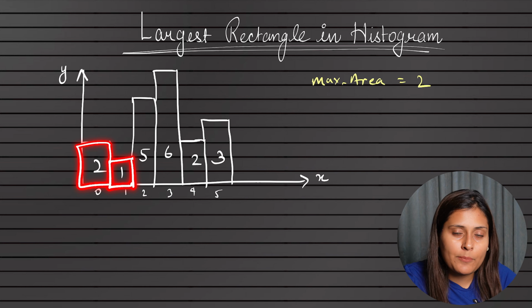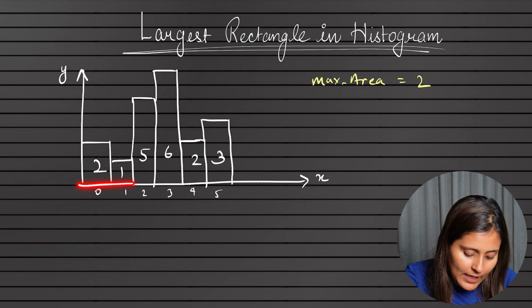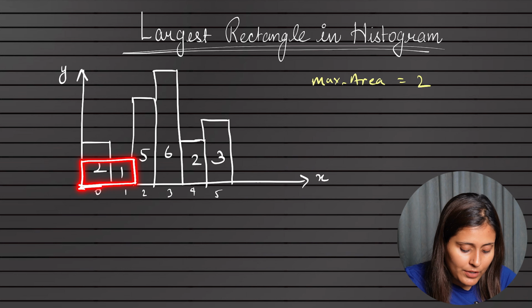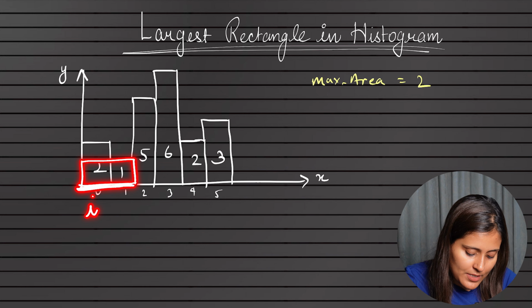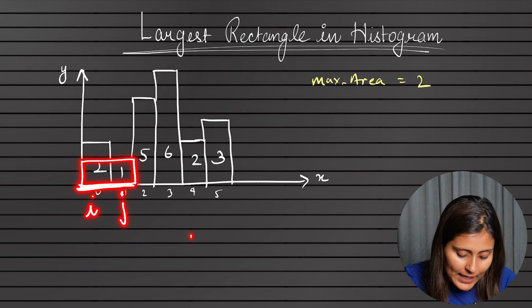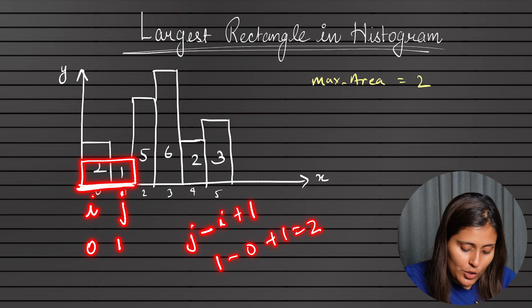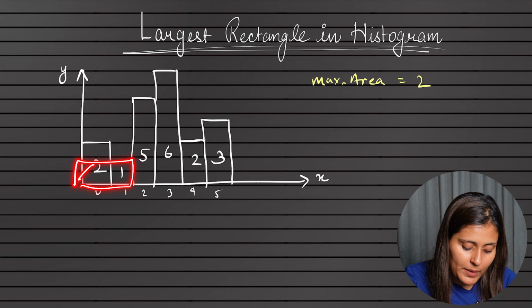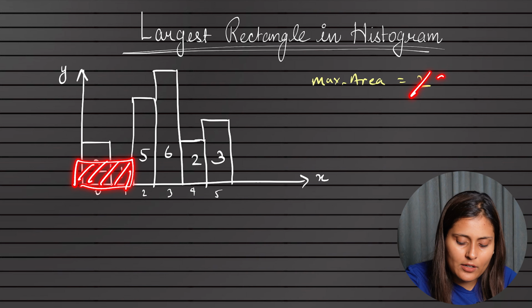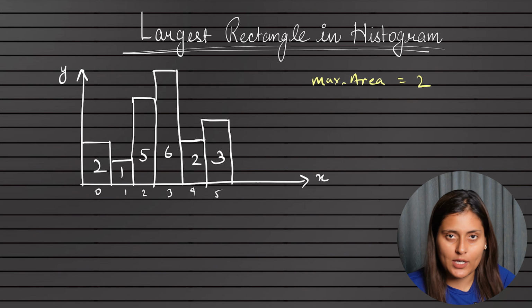For the common area, we take the minimum height. And the width, if the i pointer is here and the j pointer is here, we calculate by j minus i plus 1. So if j is 1 and i is 0, then 1 minus 0 plus 1, which is 2. So 1 cross 2 will be the area, which is 2, and hence the maximum is 2 itself, so we will not update.